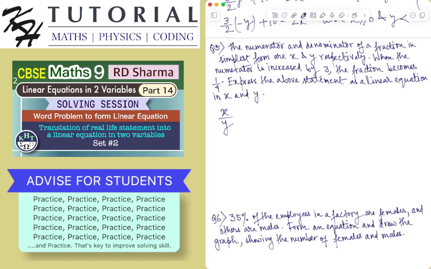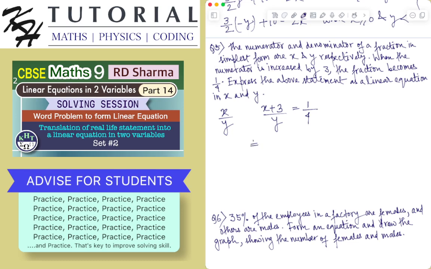When the numerator is increased by 3, the fraction becomes 1 by 4. So if I increase the numerator, I have x plus 3 divided by y, and this is equal to 1 by 4. So clearly we will get a linear equation in x and y.